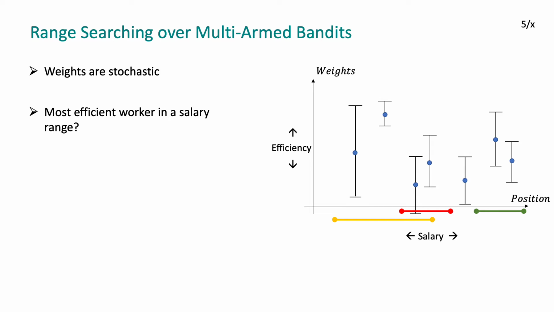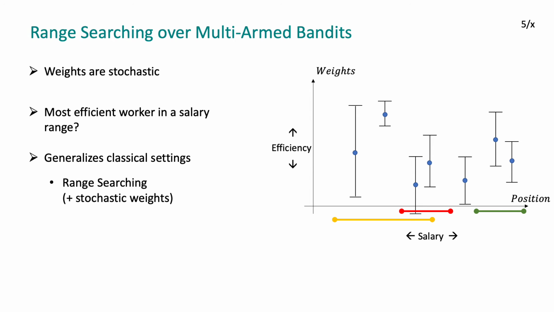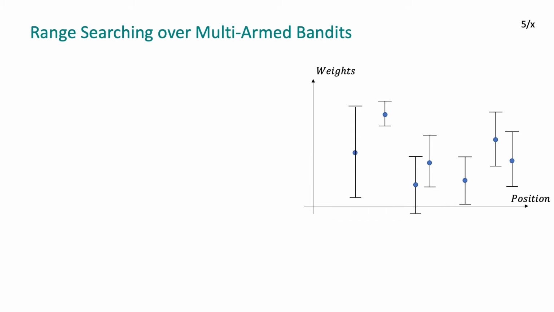Note that this setting is different from some of the previously studied settings where the position along the x-axis is uncertain. Here, the position along the x-axis is fixed and known, and it is the weights along the y-axis that are stochastic. In fact, our setting generalizes both the classic range searching and the best arm identification problems. If the weights are not stochastic, we get the typical range searching problem, and if all the points have the same position, we get the basic best arm identification problem.